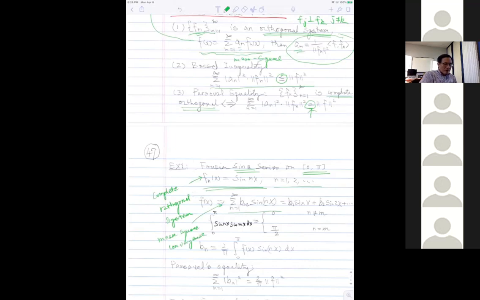Last time we also proved that this is indeed an orthogonal system. Orthogonal means their inner product is 0 when n is not m. And we can also calculate this integral when n is m.